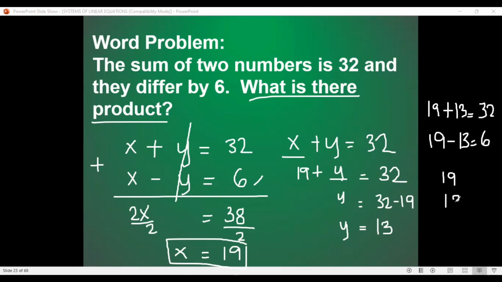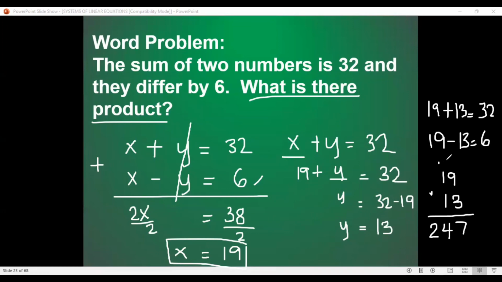Since we are to find the product, 19 times 13: 9 times 3 is 27, so we will have 2. And then 12, 14, so we can now have 1. And the answer that you will be getting there is 247. Actually, that is one shortcut that you can learn, by multiplying 10 to 19. We multiply 3 times 7, 27.